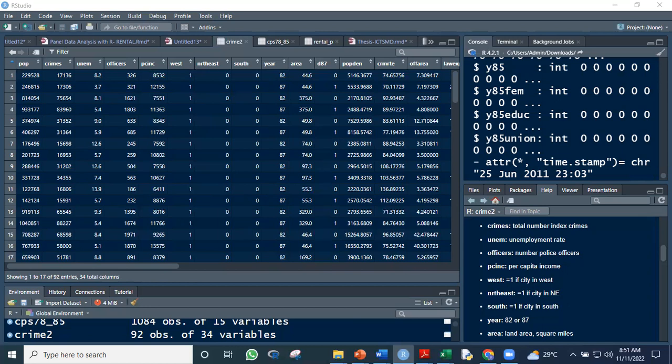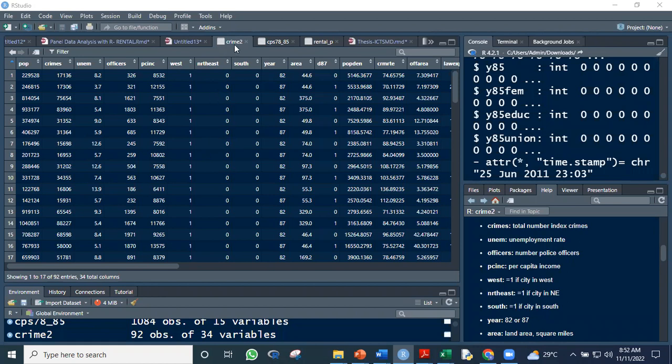Pa-chat naman please kung clear, that we're looking at 46 cities here. And then dito may information tayo, saan located yung city na yan? Nasa west ba yan ng US? Nasa northeast ba yan? Nasa south ba yan? Okay? Class, clear ba? Okay, good. Thank you.